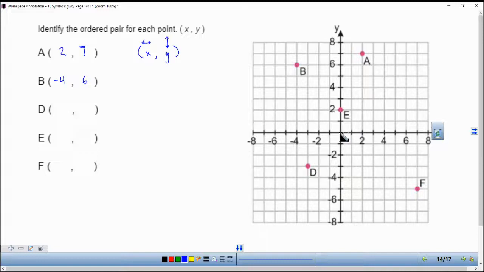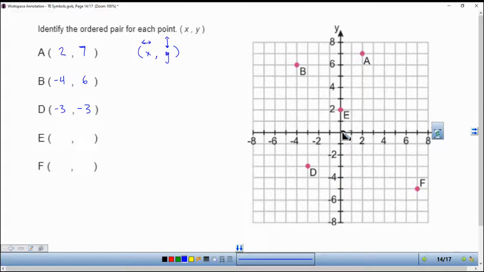D, start at 0, side to side to -3, and then down to -3, which is between -2 and -4. So that would be in quadrant 3. It's -3, -3. Point E, side to side. Well, we don't have to go side to side at all.